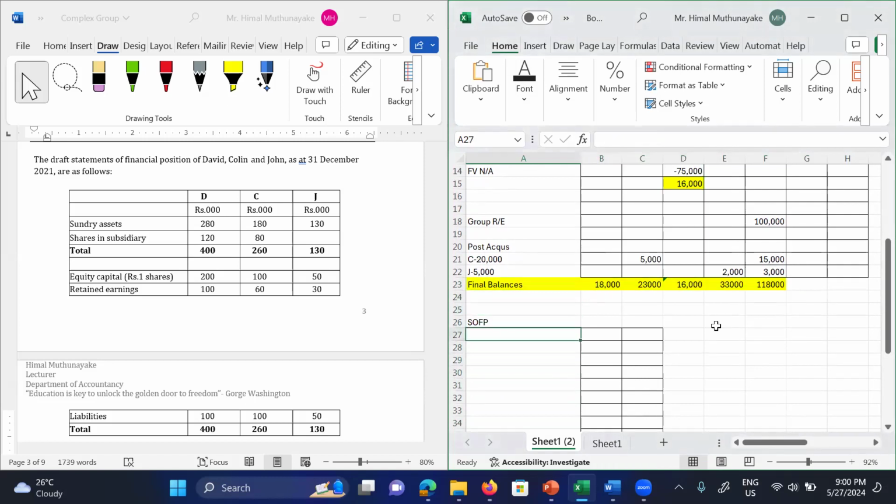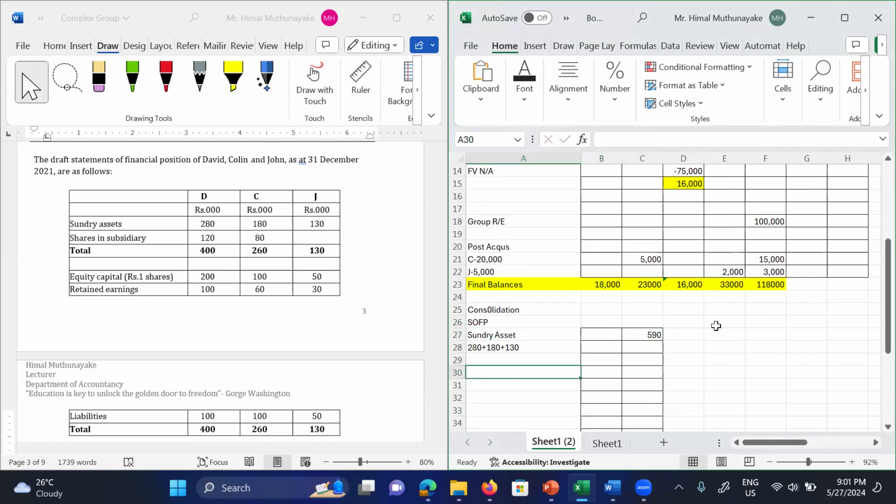Then we need to prepare the consolidated statement of financial position. We need to begin with the sundry assets, adding line by line: 280 plus 180 plus 130, that means I think 590.